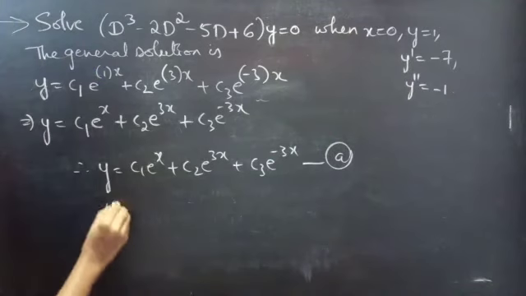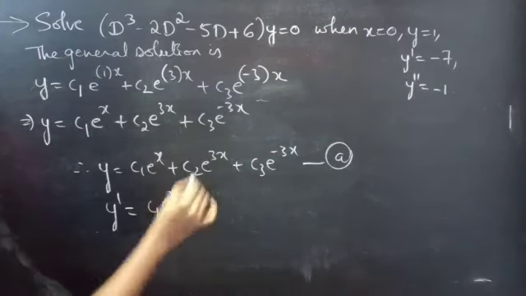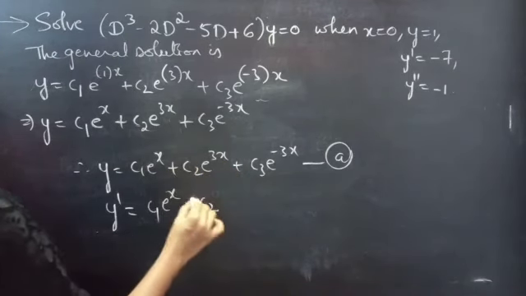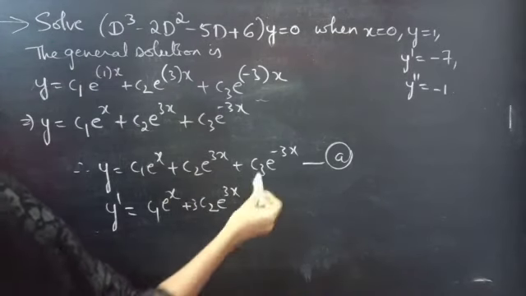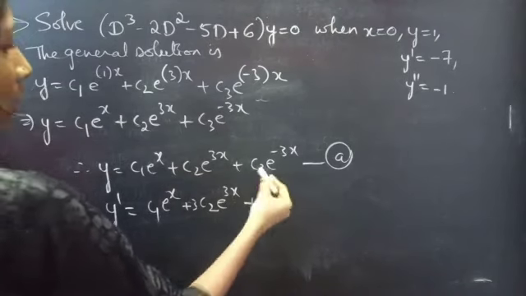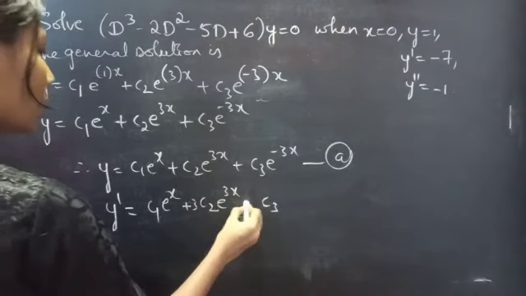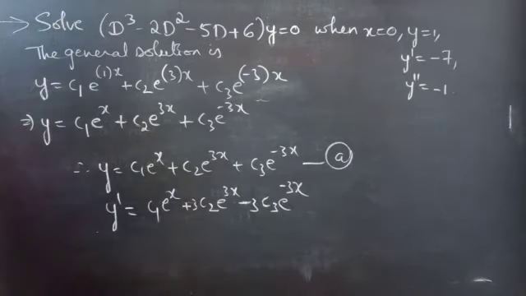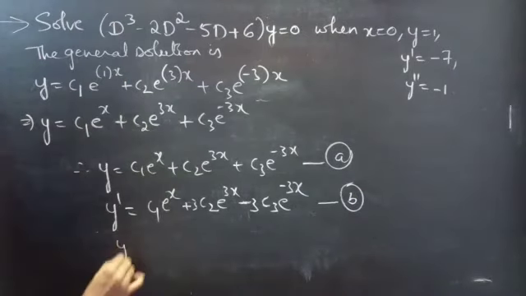Firstly, y dash equals to c1 is constant, derivative of e power x with respect to x is e power x, plus c2 into derivative of e power 3x is 3 into e power 3x, plus constant into derivative of e power minus 3x is minus 3 into e power minus 3x, right? So consider as equation B.